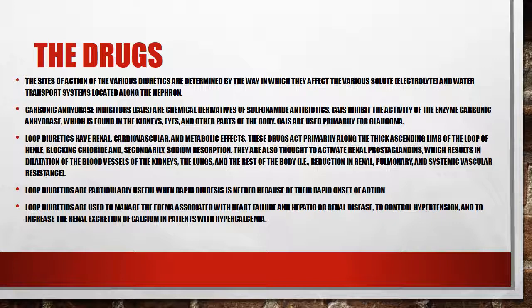Loop diuretics are particularly useful in rapid diuresis because of their onset. And the most common one is Lasix, furosemide. That's what we use very, very frequently. They're used to manage edema associated with heart failure and hepatic or renal disease, to control hypertension, and to increase renal excretion of calcium in patients with hypercalcemia.